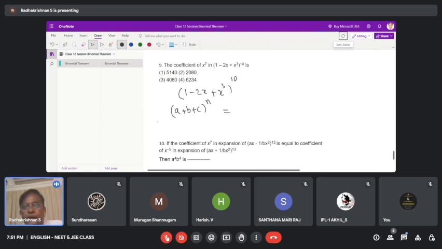In every term there is going to be a combination of a, b and c. There may be 1a, 2b and remaining c, or 2a, 1b and remaining c. So the total should be equal to n.